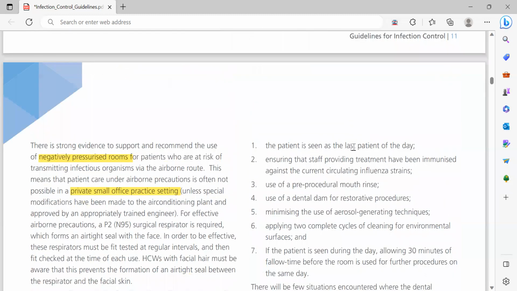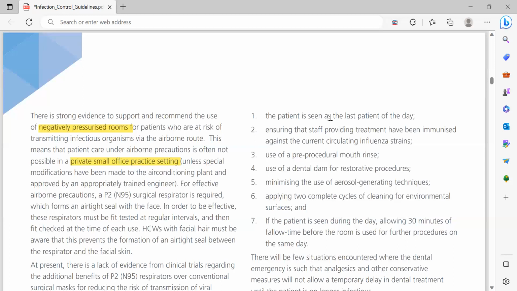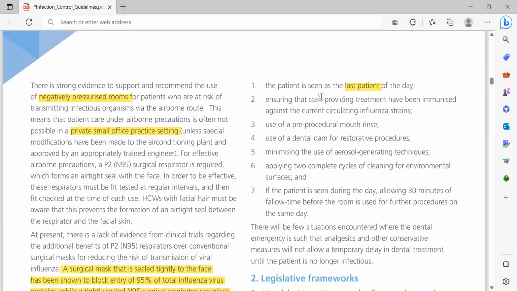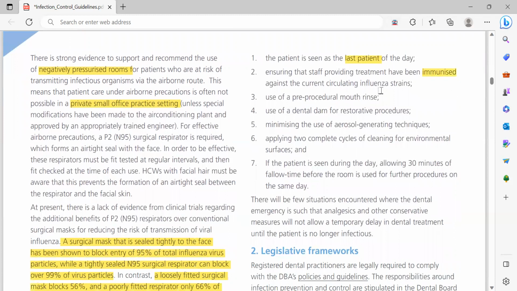And what are these precautions? The patient is seen as the last patient of the day, ensuring that the staff who provide the treatment are completely immunized against the circulating influenza strain, and use a pre-procedural mouth rinse.